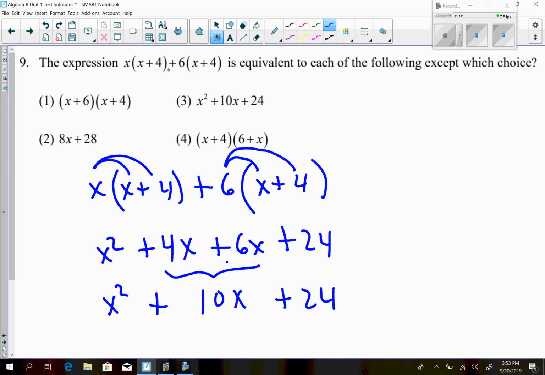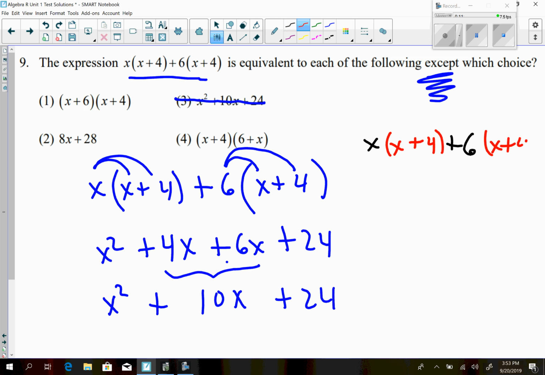So we are looking for the expression where this says the expression that's given is equivalent to all of these except. So we're looking for the one that it's not equivalent to. The expression is equivalent to this, which is choice 3. And choice 1 and 4 are really the same thing. If you have, I'm going to rewrite the given, x times x plus 4, and then a plus 6 times x plus 4.